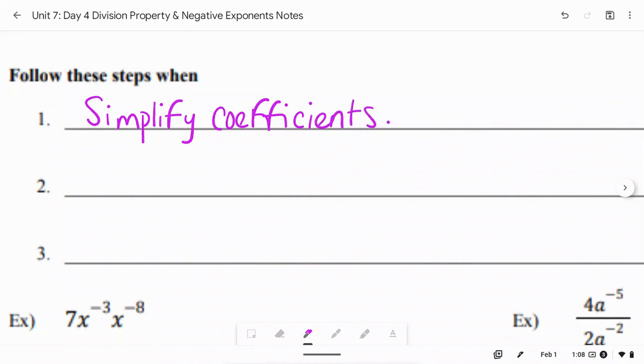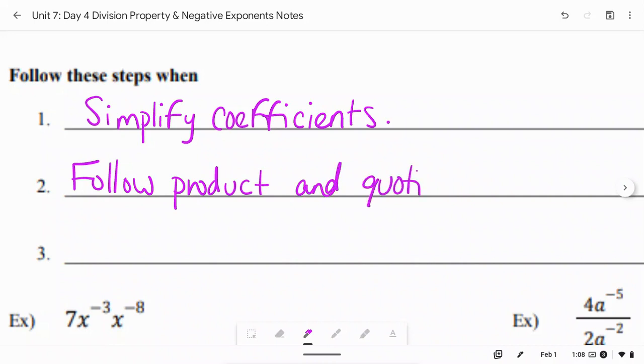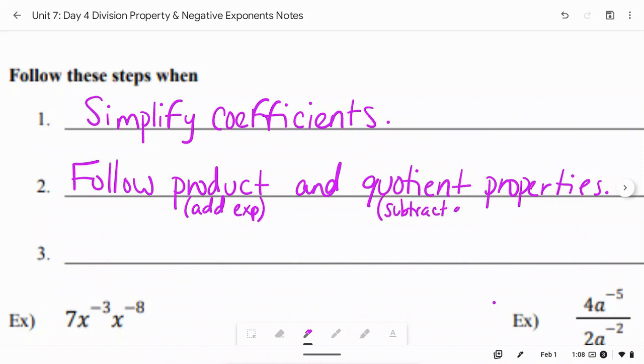Then step 2 is you're going to follow the product and quotient properties. Remember that for the product property, you add the exponents when you're multiplying. And then for the quotient property, you subtract the exponents when you're dividing.